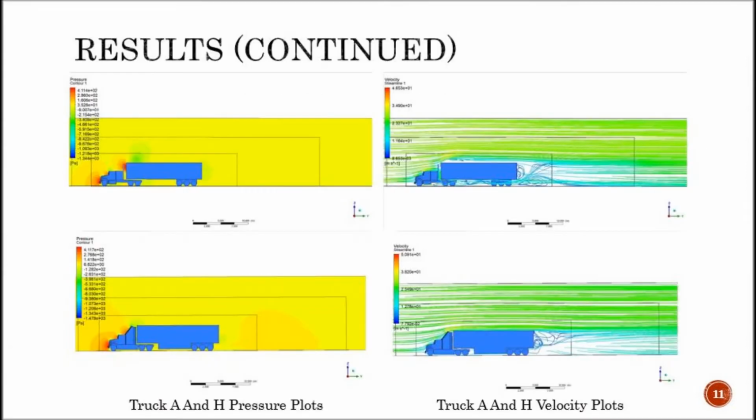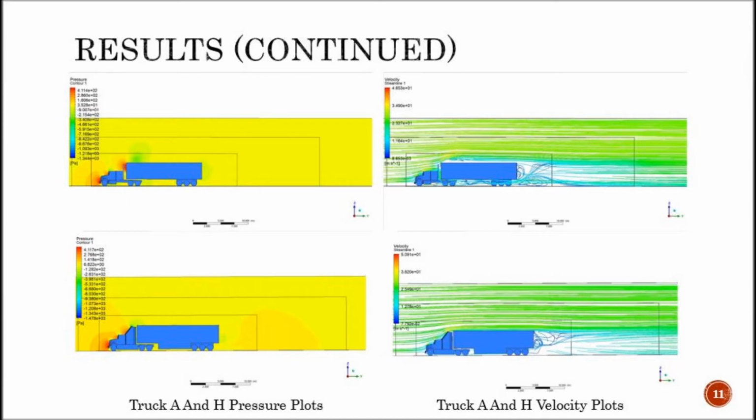When comparing truck A and truck H's pressure and velocity plots, it becomes apparent that the aerodynamic improvements significantly reduce the pressure concentrations in front of the bluff geometries, most notably in front of the trailer. In addition to this, it can be seen in the velocity streamline plots that for truck H, the roof deflector significantly improves the flow over the front of the trailer and reduces the turbulent region above the leading edge of the trailer.